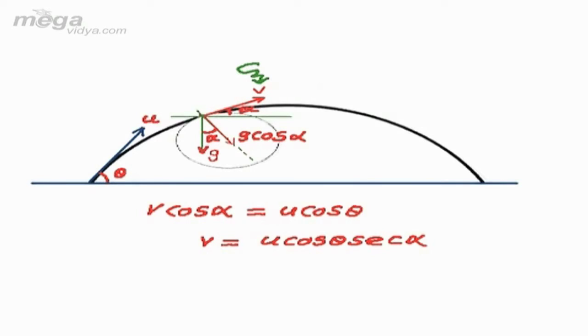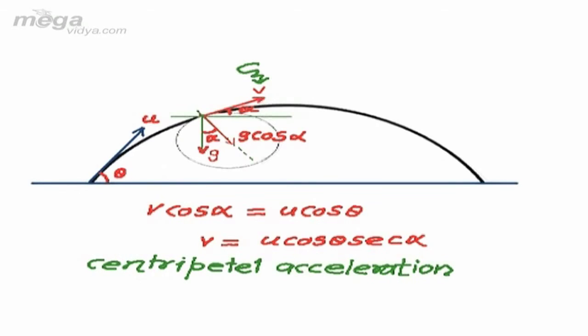So using the concept involved, we can say the centripetal acceleration here comes from the component of g along the radius of the circle, which becomes g cos alpha, and can be written as the square of tangential velocity divided by the radius of the circle. Or we can say that the radius of the circle is equal to v square divided by g cos alpha.